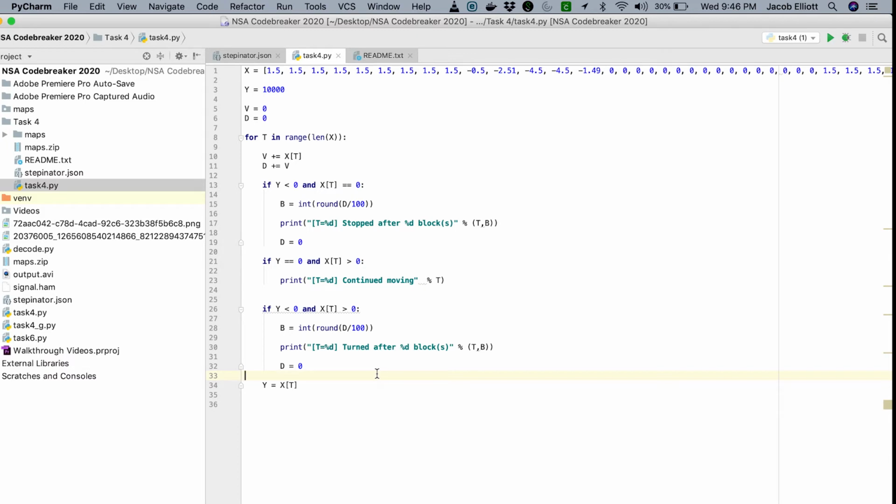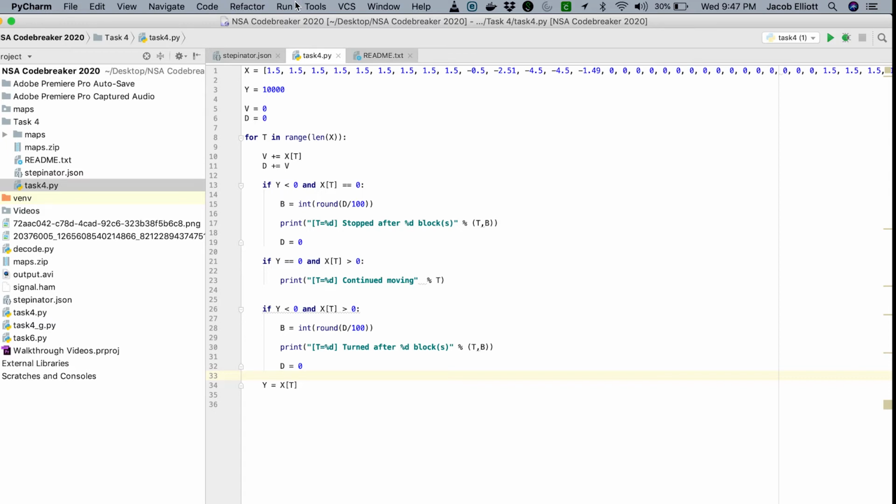If the previous acceleration point was less than 0 and the current one equals 0, it means they had negative acceleration and were slowing to a stop. If the previous point was 0 and the current point is greater than 0, it means they started moving again.